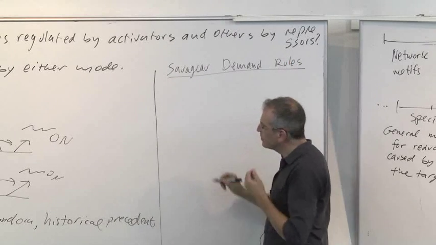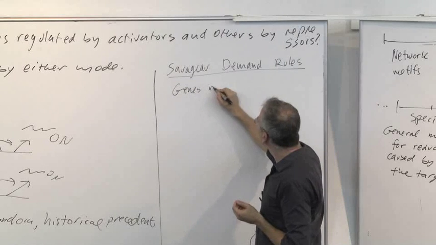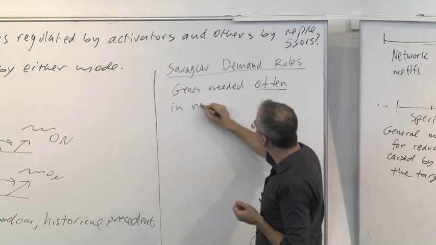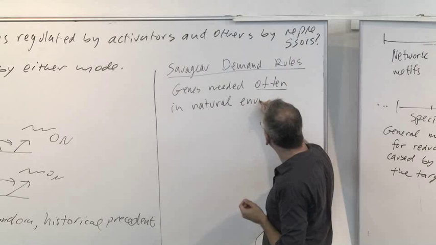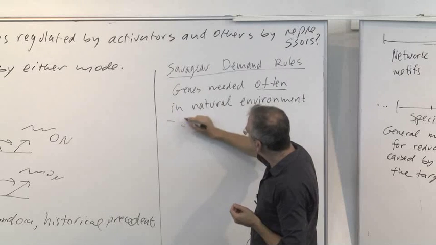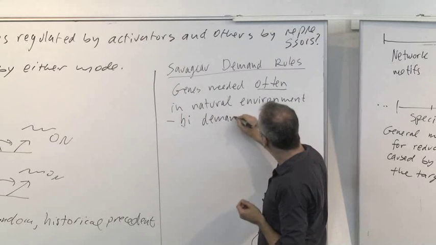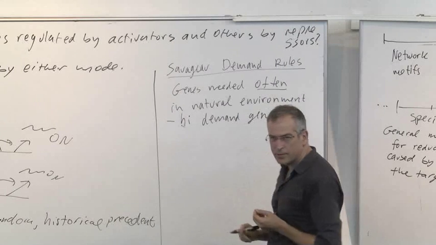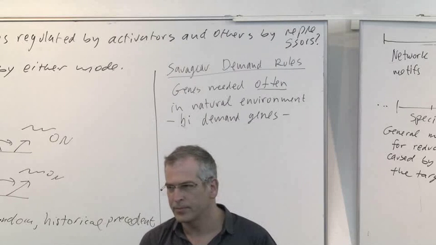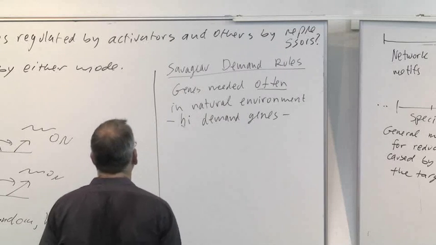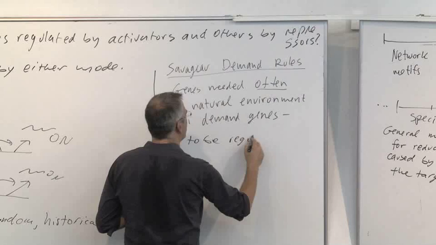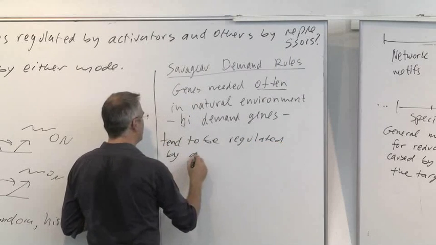It says that genes needed often in the natural environment, which he called high demand genes, so genes that a large fraction of the time need to be turned on, tend to be regulated by activators.